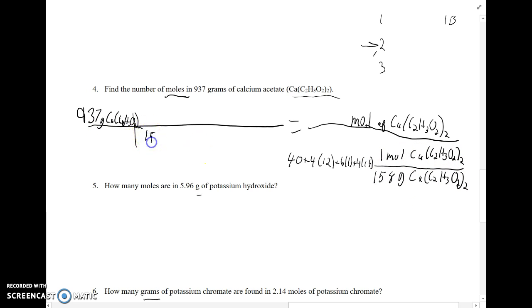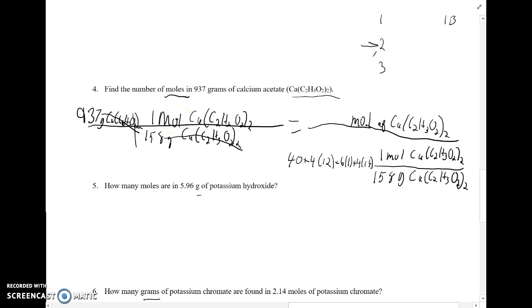So 158 grams of Ca(C2H3O2)2 is equal to 1 mole of Ca(C2H3O2)2. And that's the unit that I want to end in. I want moles of Ca(C2H3O2)2. So grams of calcium acetate will cancel out, and I'll be left in moles of calcium acetate.